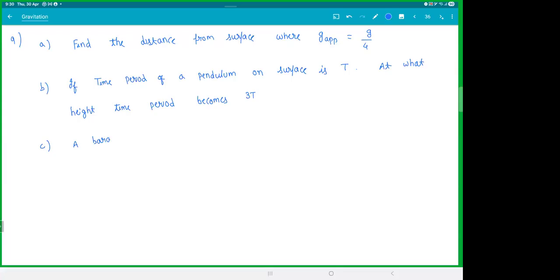That is from SHM. A barometer. Remember a barometer? This is from fluid mechanics. A barometer shows 75 centimeters on the surface when the atmosphere pressure is P naught.